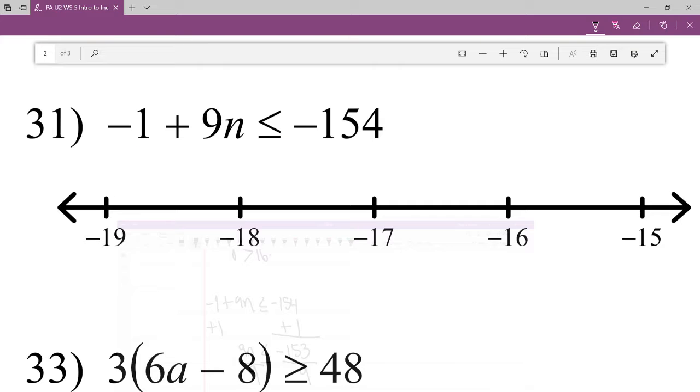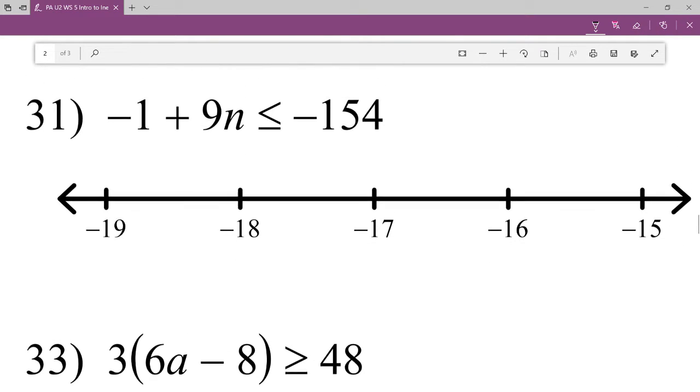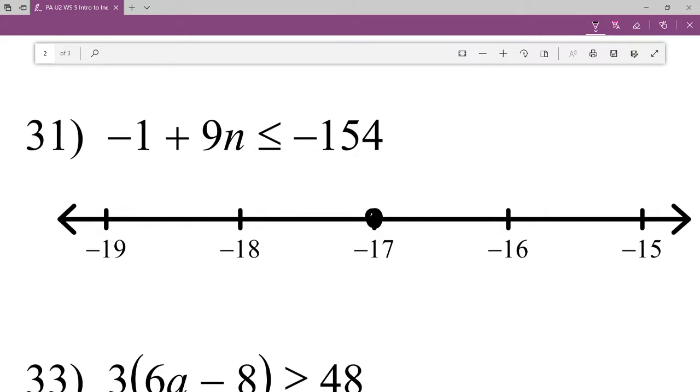So you would do a dot on negative 17, and you're talking about all real numbers that are less than or equal to negative 17. So you would shade to the left.